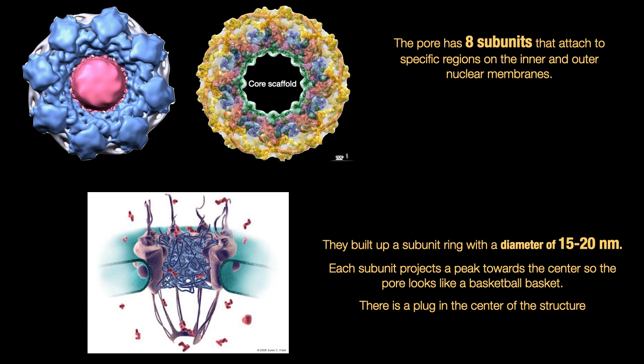Here we have several images of a pore that is made up of 8 subunits making a ring. The ring, as you see in the lower image, projects inside the nucleus, looking a bit like a basketball basket that becomes narrower at the bottom.